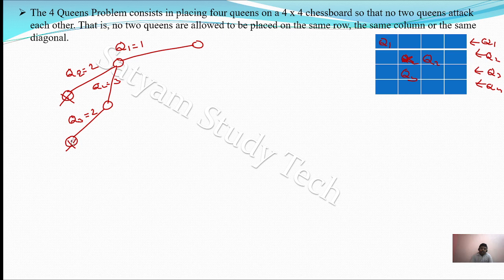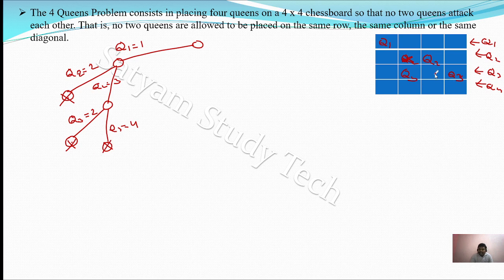So backtrack. Q3 is not placed here because Q2 and Q3 are in the same column, so Q3 is placed in the fourth column, but here also there is a diagonal attack, so you can kill this.